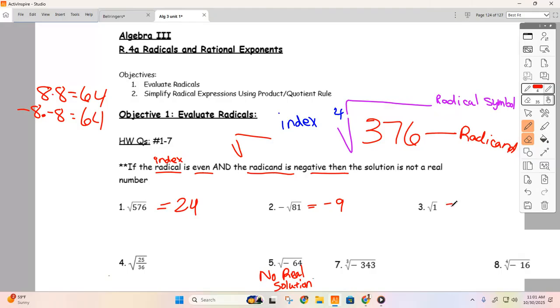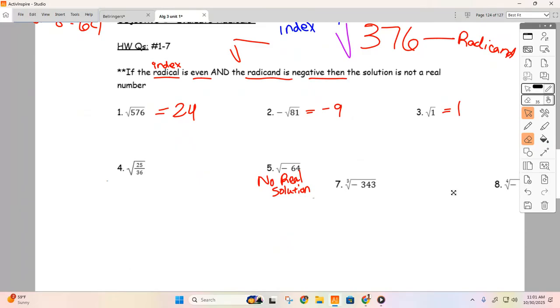Square root of 1, what's the square root of 1? 1. For this one, we could separate it to square root of 25 over square root of 36, but it doesn't really matter. This is going to simplify to 5/6.